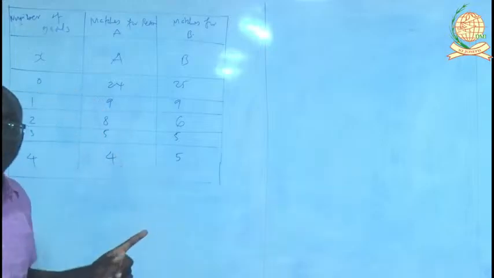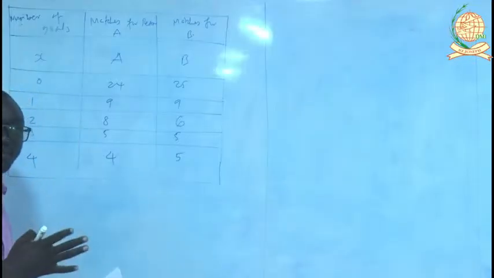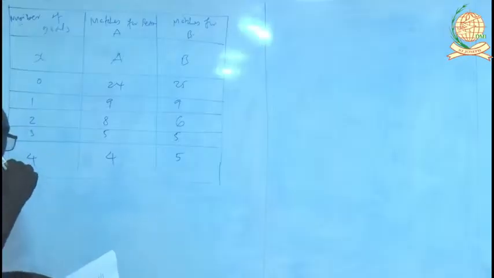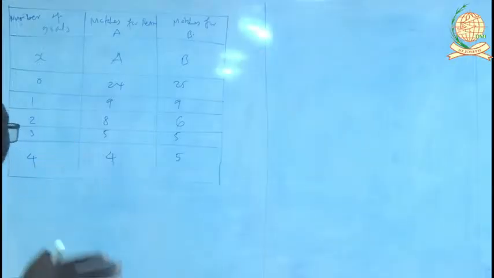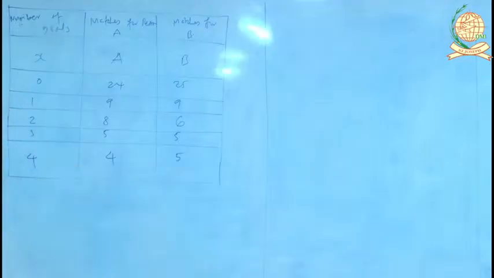But if the SD is higher, it means the results from a particular team, the values of statistical information presented in this table, are dispersed, too far apart. That means the output is different, which means they are not consistent.